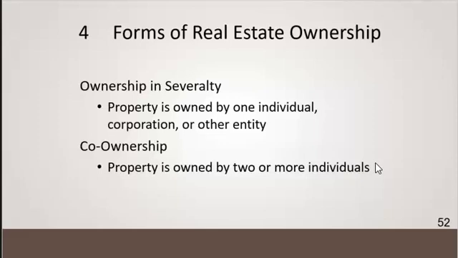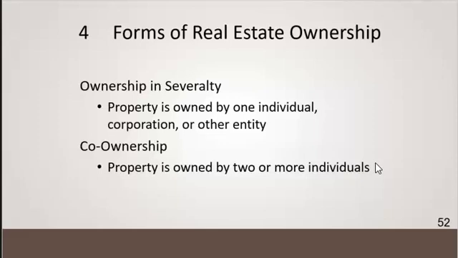The basis of the word severalty means to sever yourself from the rest of the world by being the sole owner of a property. So you own it in severalty. That is one person owning the property. That's the first way, that's the easiest one to recognize.